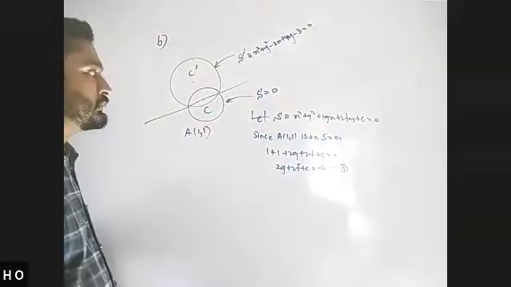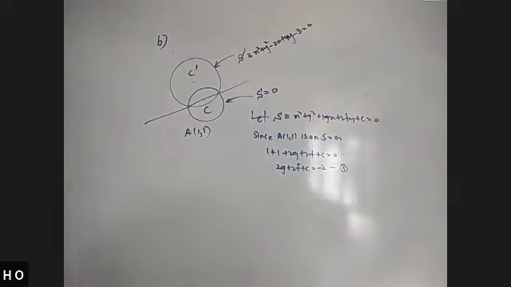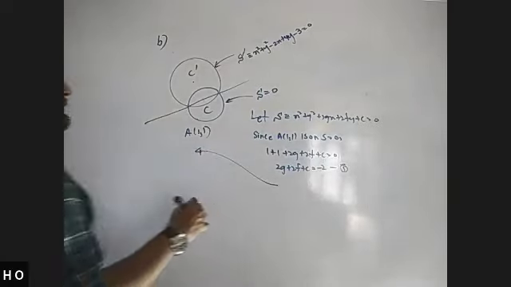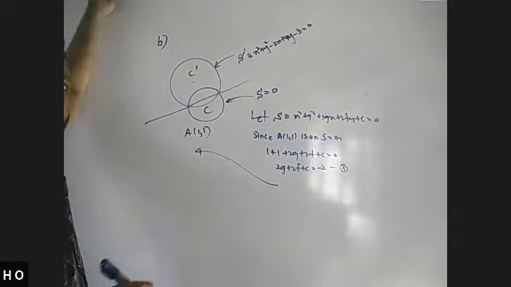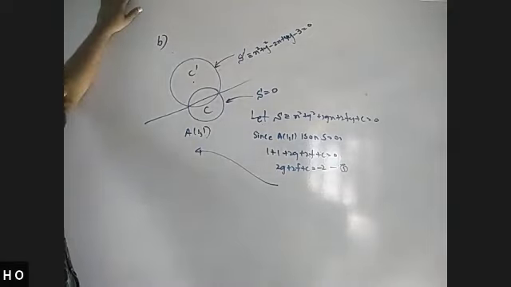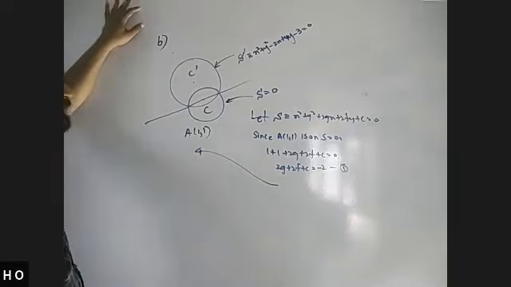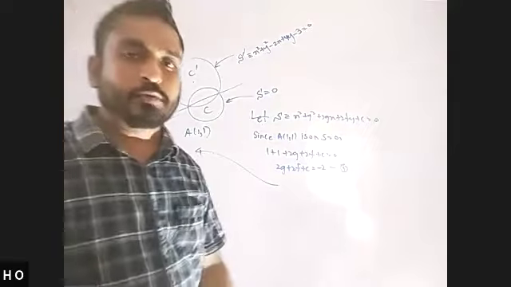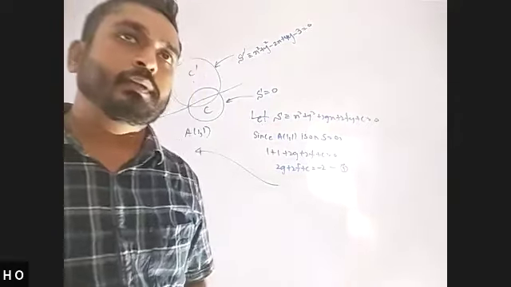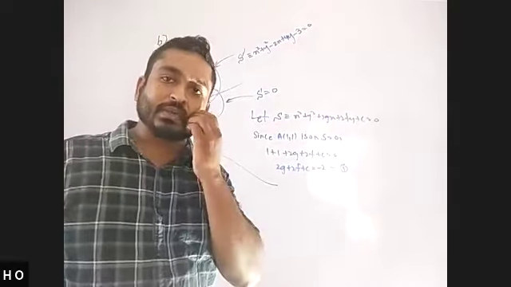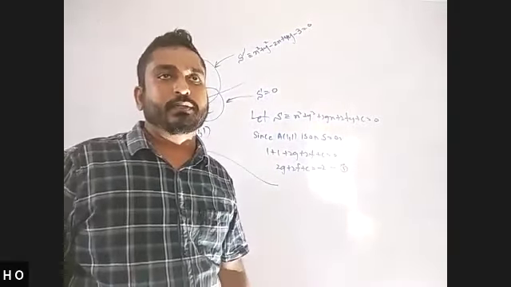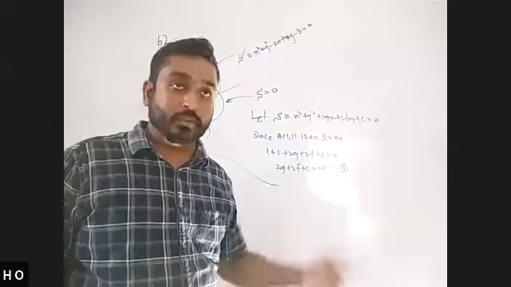Next, you can see the common chord. To have the common chord, the equation of a circle going through the points of intersection of two circles is S plus lambda S dash equals 0.